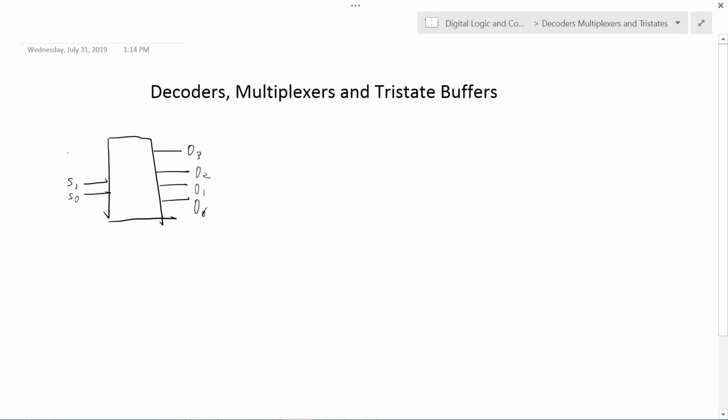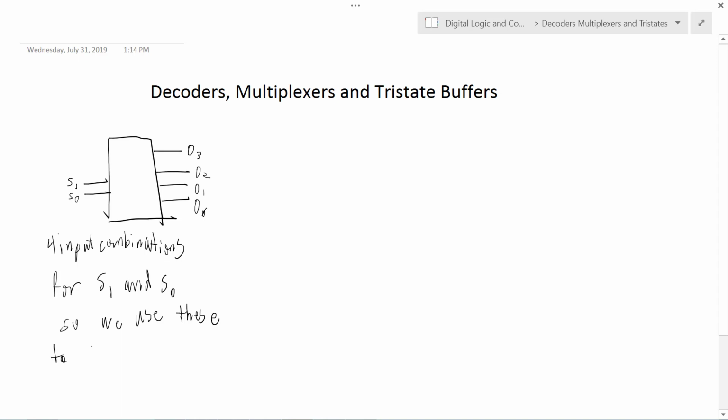We have four input combinations for S1 and S0, and we use these to select the output line.